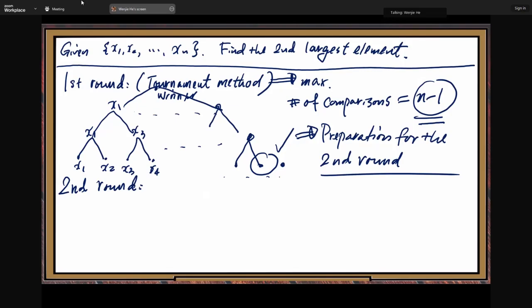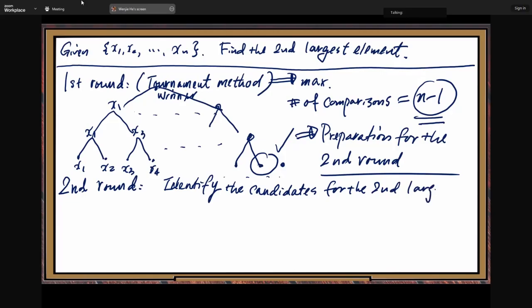Because some elements are not qualified for the second largest, so we can eliminate them immediately. So the first step is to identify the candidates for the second largest.